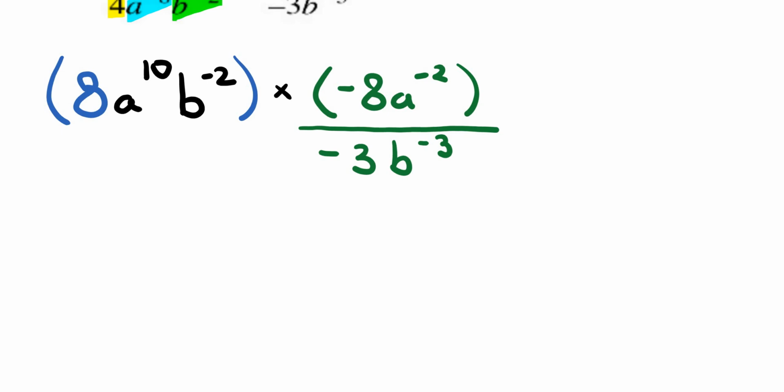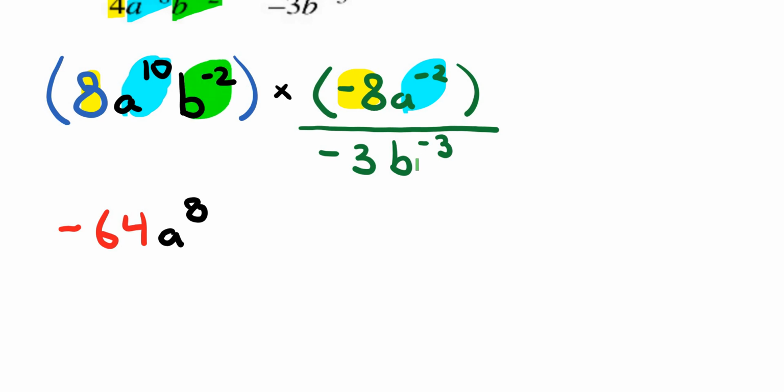Okay, so here we go. What can we do here? Well, we can do 8 times negative 8, which is going to be a negative 64. Now I have a to the power 10 times a to the power negative 2. That's going to be 10 minus 2, so that's going to be a to the power of 8. Okay, and then now we have some weird stuff going on.